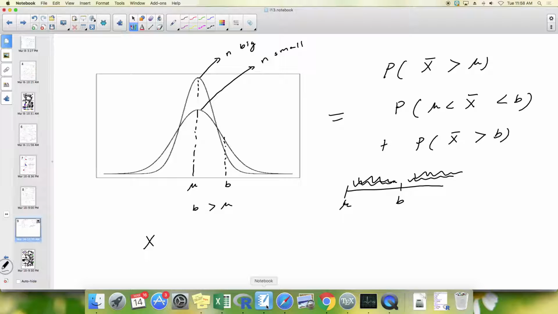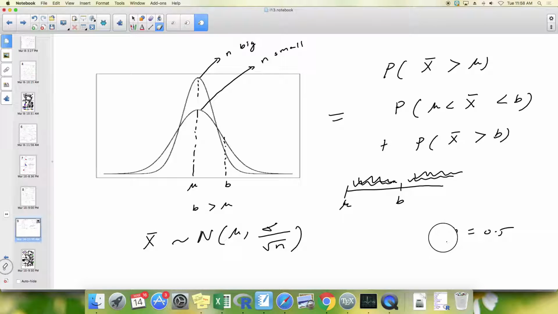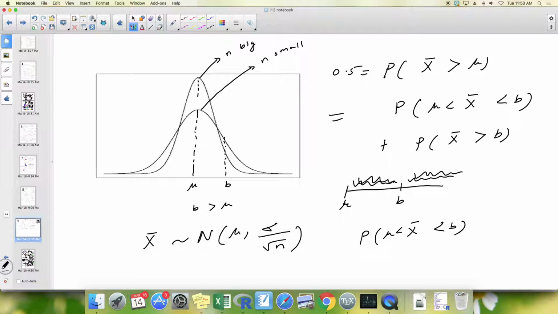Now since x bar is normal with mean mu and standard deviation sigma by square root of n, probability x bar bigger than mu is 0.5. So let me just write here 0.5. If that's true, then probability x bar lying between b and mu is 0.5 minus probability x bar bigger than b.